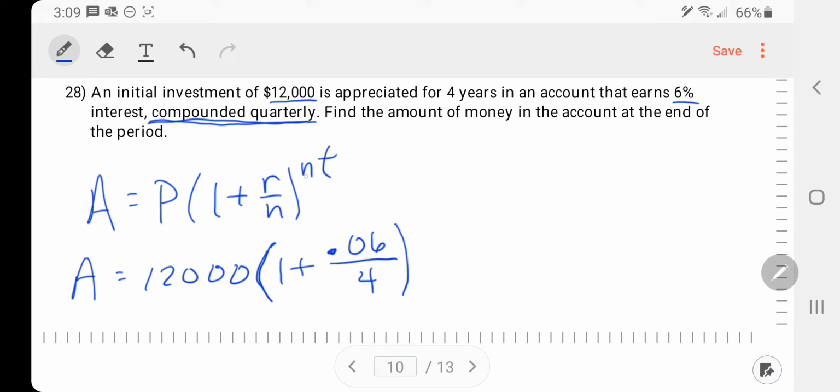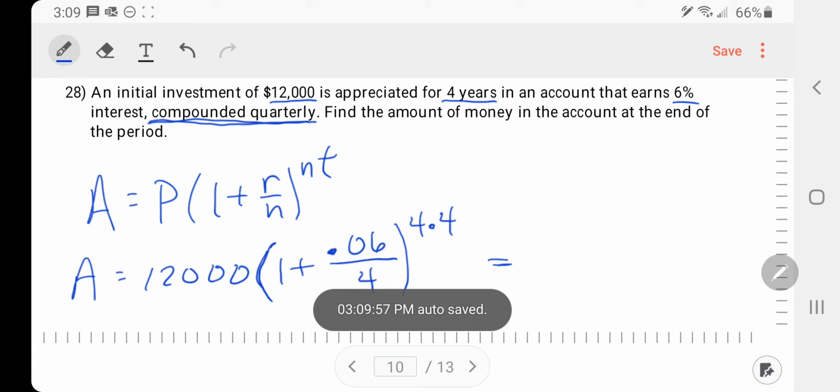Notice there's an n in the exponent, so that's going to be 4 times t, and t is also 4 years. And then we need to plug this into our handy-dandy calculator and round to the nearest penny. 12,000 times (1 plus 0.06 divided by 4) to the 16. 4 times 4 is 16.